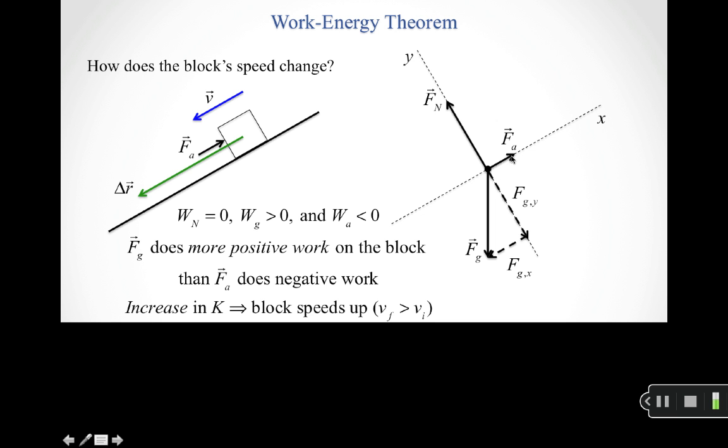So if I have a really small applied force, now the negative work done by the applied force is less than the positive work done by gravity. So when I calculate the net work by adding these three terms now, since the weight does more positive work than the applied force does negative work, I have a positive net work, which means I increased the kinetic energy. Again, increasing the kinetic energy tells me that the block sped up.